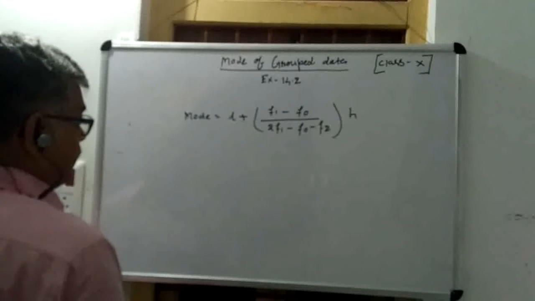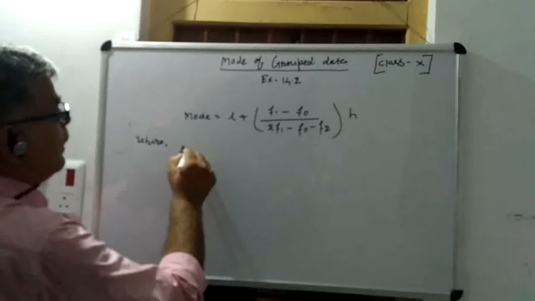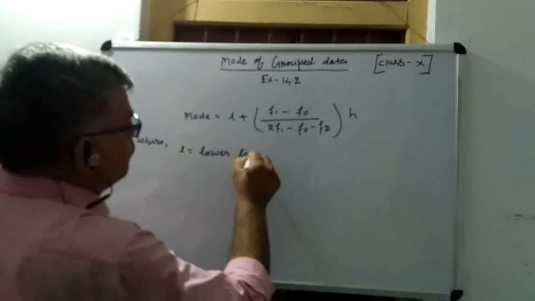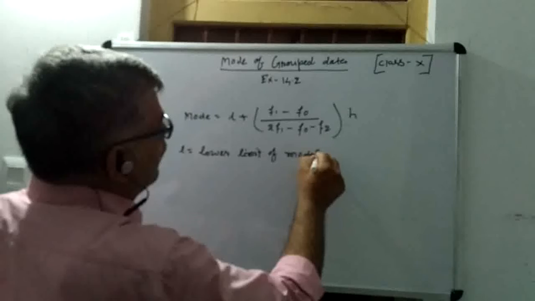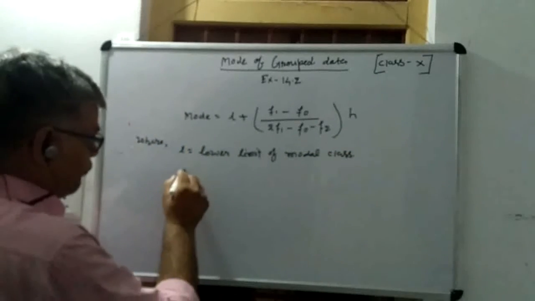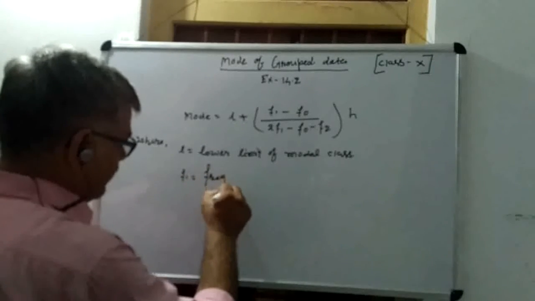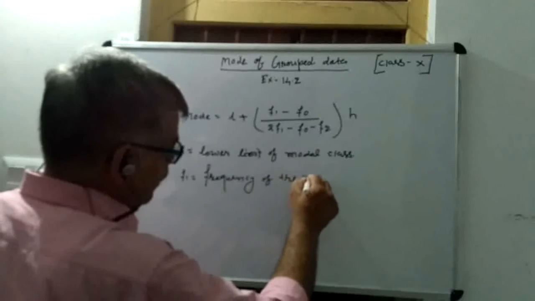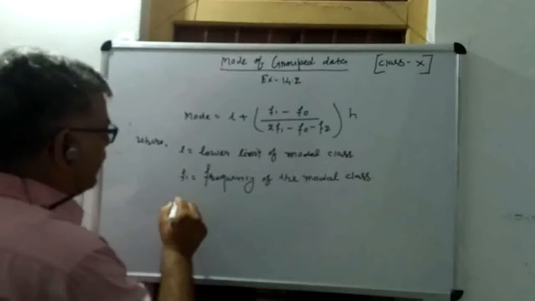Where L equals the lower limit of the modal class. F1 is the frequency of the modal class.